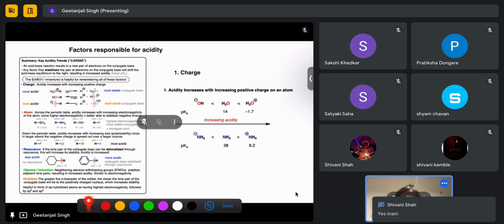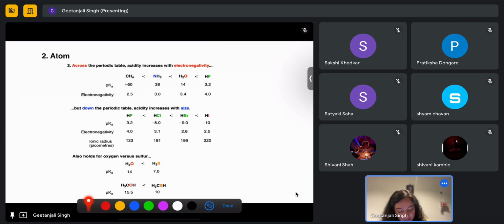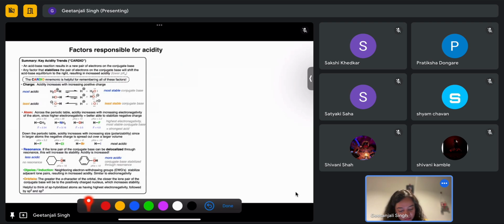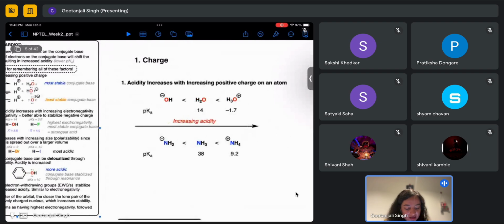I'll continue anyway. Okay. With increase in charge density, that's mostly positive charge, the acidity of the compound increases as well. As you can see from an example here, with increase in the positive charge, this is neutral H2O.